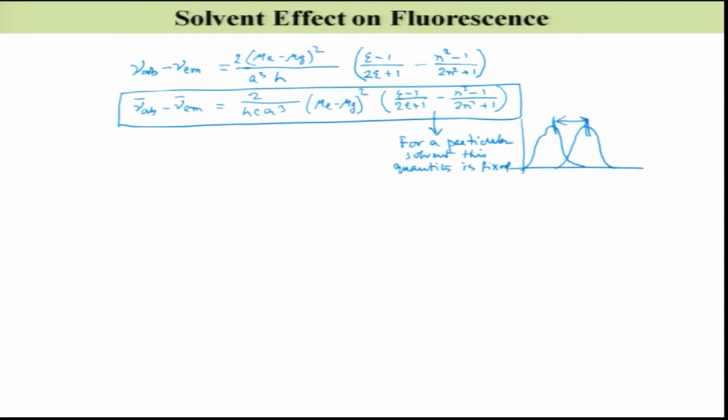So, for a particular solvent I get some value of this, and then what about this part? This part is a constant, it has a particular cavity radius a, h is constant, c is constant, so it is a constant. So, this difference between absorption and emission maxima is guided by the dipole moment of the species, and this is simply because of the differential solvation of the ground and the excited state, right.